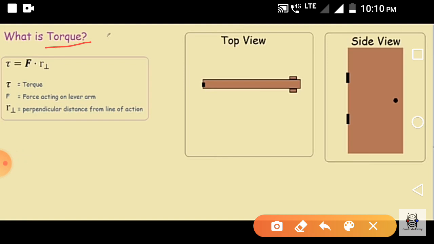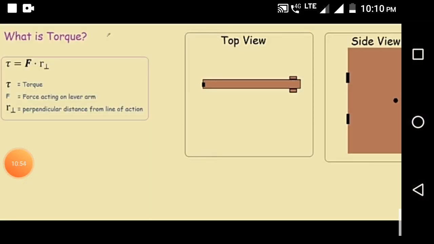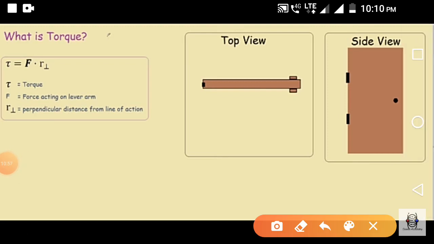This is a door, this is the side view of the door, and this is the top view of the door. Top view means what you see from the top point. See, to open this door, we apply a force at this point.